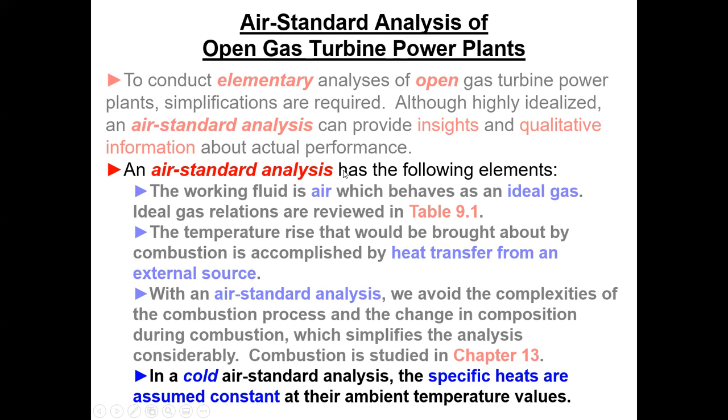So how many of these assumptions you invoke, the cold air standard analysis is probably the simplest you can do, but the answers are not going to be terribly realistic. And so the more you start relaxing this stuff, the better the analysis, but the more complicated it becomes.